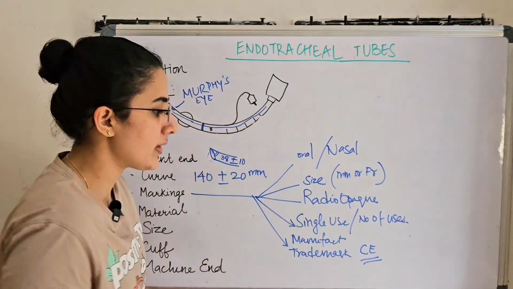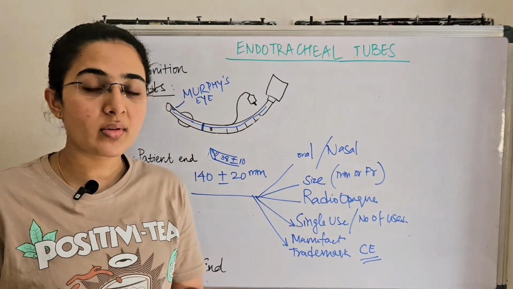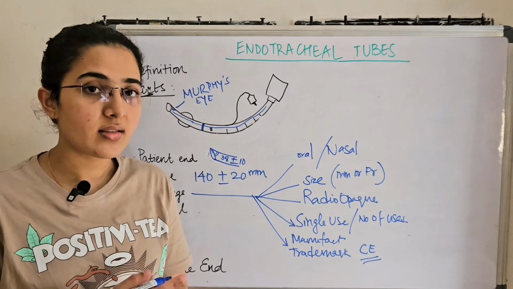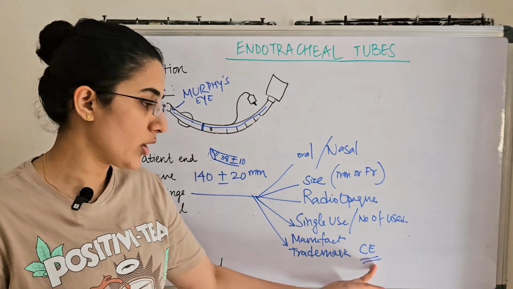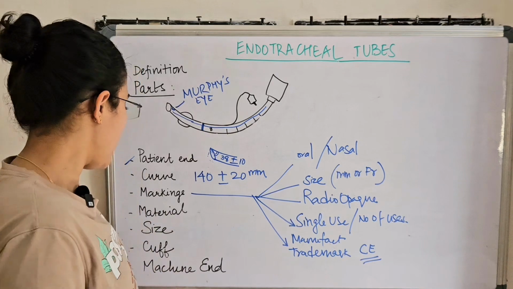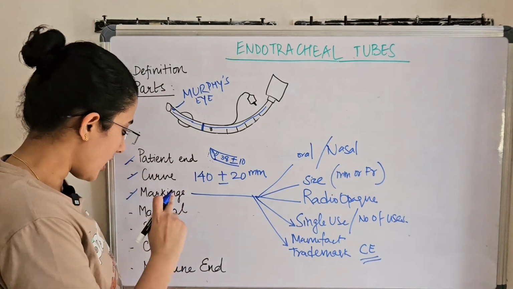This may be written in certain European tubes and will tell us about the material of the tube, and any allergic factors that may be associated with the tube because of the material of which the tube is made. Okay, so we finished the curvature, we finished the markings.